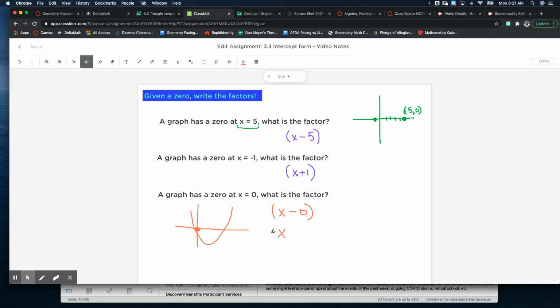So you would have an x out in front of the problem if you have a solution at 0. Let's say this one was at 4, then I would say x minus 4 next to it. And so you would see it written like this, with a singleton x out in the front, and a singleton x out in the front means you have an x-intercept at 0.